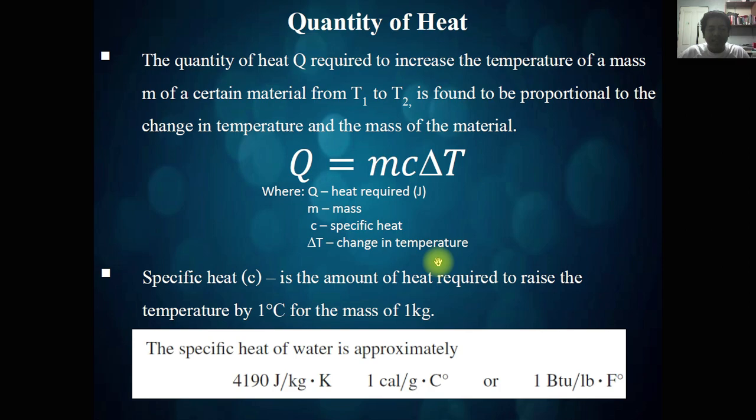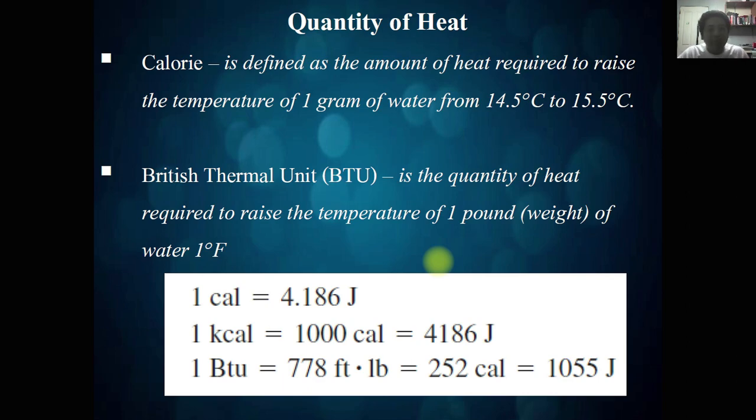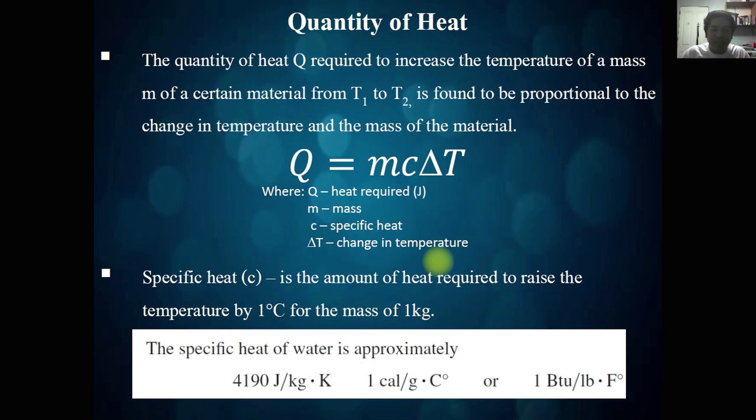Okay, that is basically the definition of the specific heat. Okay, don't be confused with the definitions of the calorie, British thermal unit, and the specific heat. Okay, and delta T is basically the change in temperature.